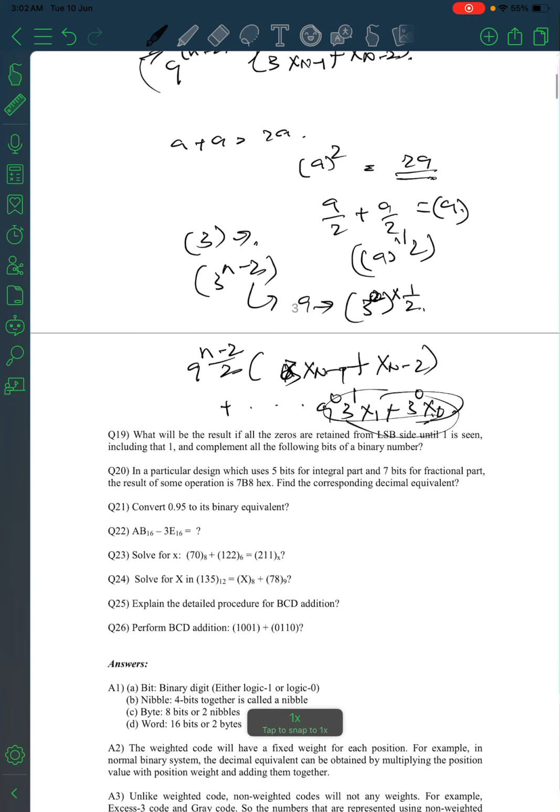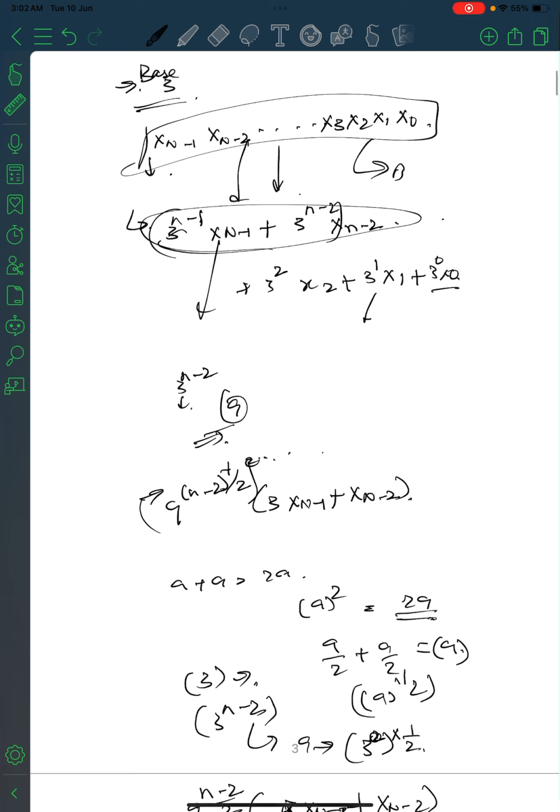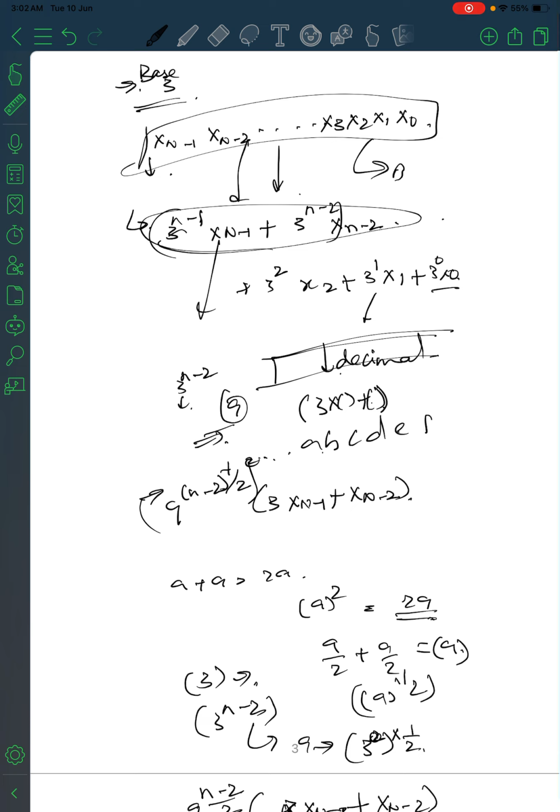So basically what we will be doing is converting. If there is a number, we will be converting it to a decimal number. Then 3 into this number plus this particular number, a, b, c, d, e, f, g, h.